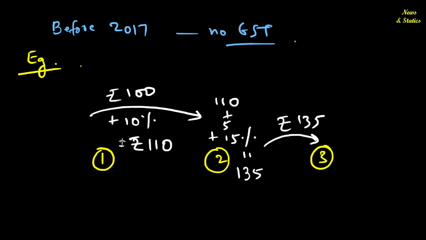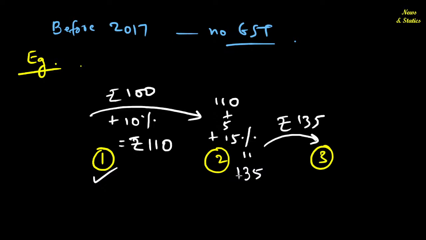The buyer of the commodity does not have to file any GST return. If I am selling a commodity, I have to give the GST to the government. If I go and purchase a television from the market, I don't have to see the amount of GST and give it to the government. That's a very important concept.